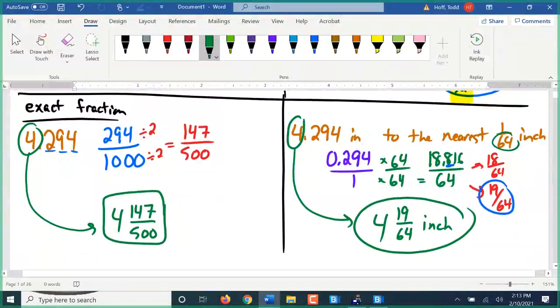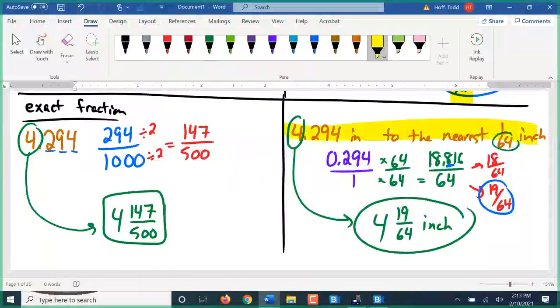Again, please note the drastic difference between those. On the test coming up tomorrow, there are a few problems where we have to do this. This process over here, going to the nearest 64th or 32nd, is not in your textbook. So make sure you have looked at that process and you're comfortable with it.